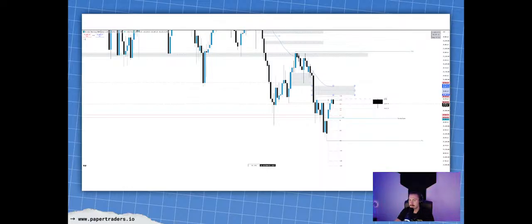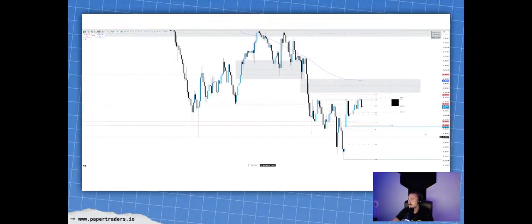If price gets through the 50%, then we can look for an outside 4-hour here with a potential sweep of the London session high here. But we will also watch this PDH level sweep and reversal. So we swept the previous daily high. We saw a little bit of a reaction from it to the downside. This weekly opened up flat, so that is one thing that we will continue to watch here.